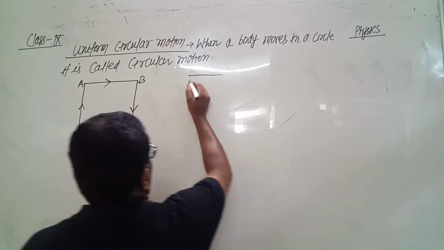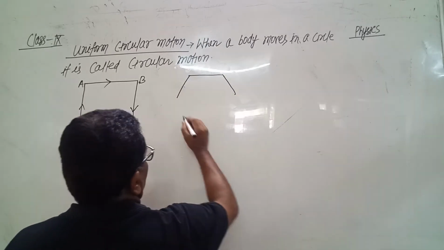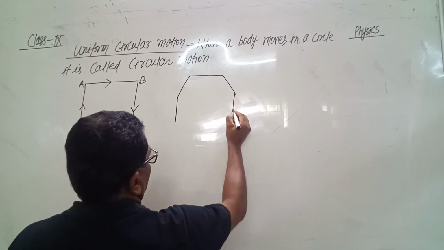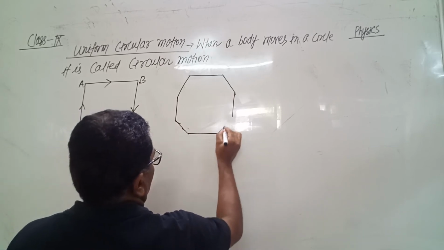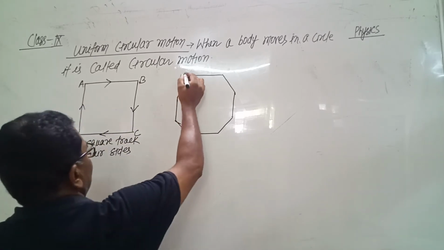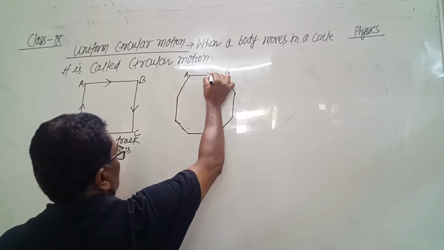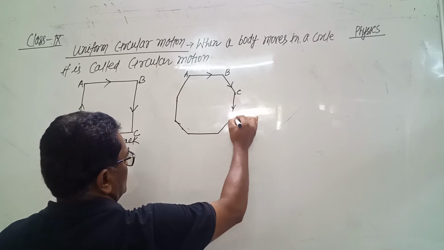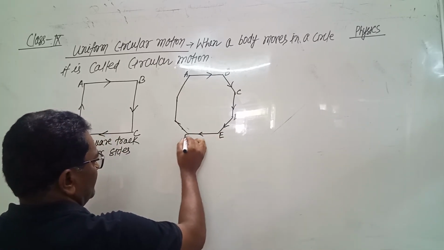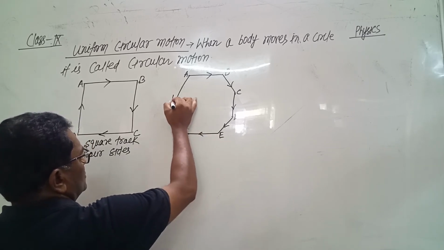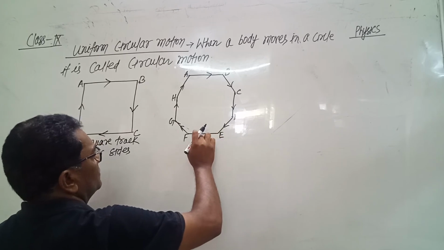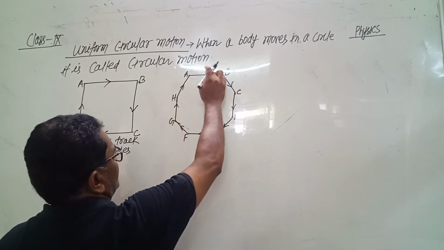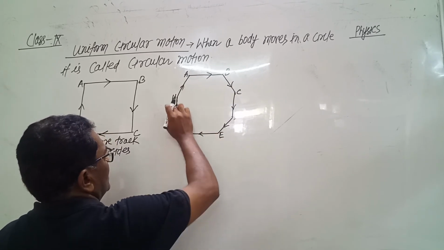Let us see another type of track. Body started from A, it goes to B, then C, D, then E, then F, then G, then H, and then it returns back to the point A. How many sides are there? 1, 2, 3, 4, 5, 6, 7 and 8.